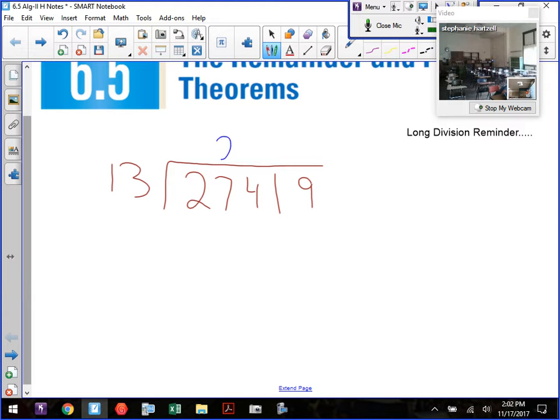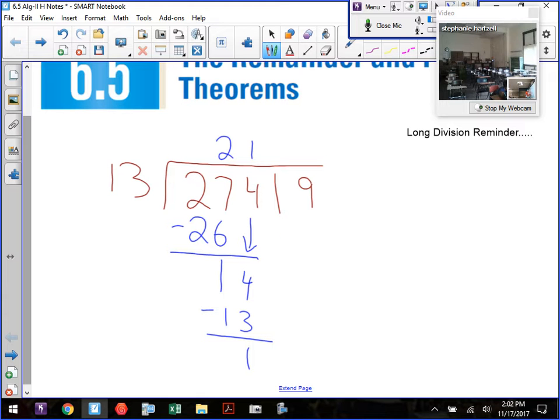I put a 2 above the 7, because it's the tens place. What's 2 times 13? 26. I write that here, multiply, subtract, and bring down the 4. Does 13 go into 14? 1 time. 1 times 13 is 13.